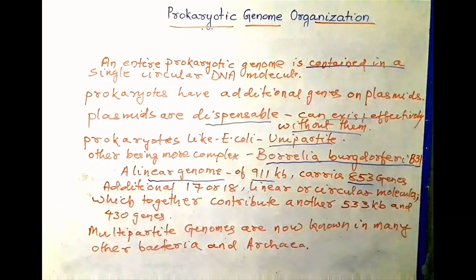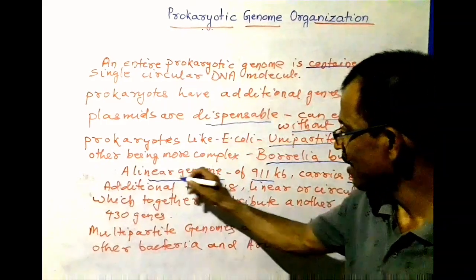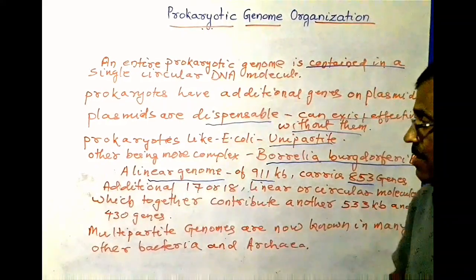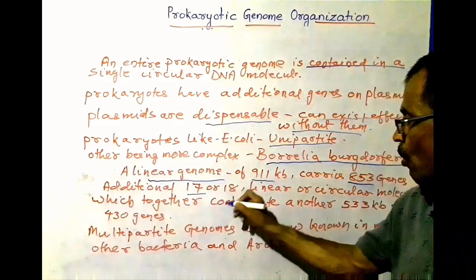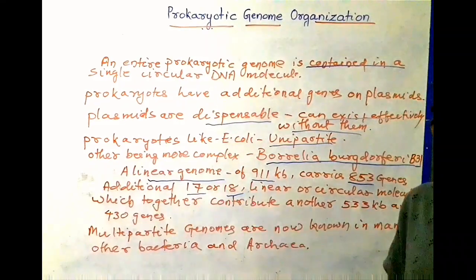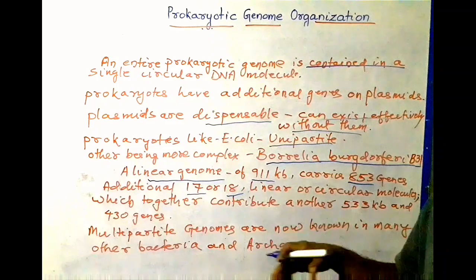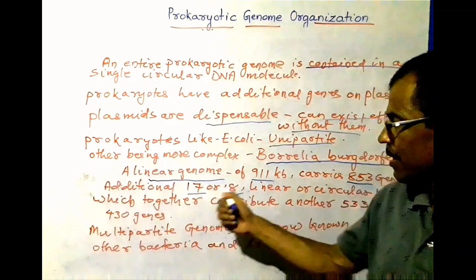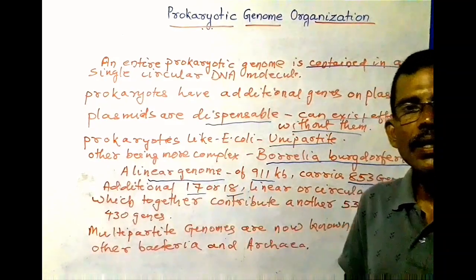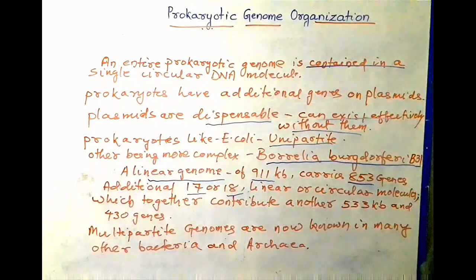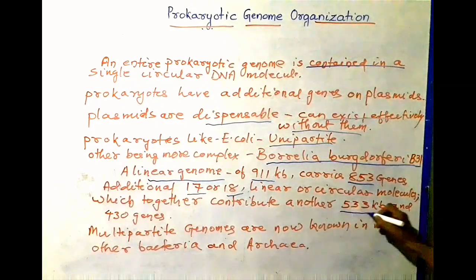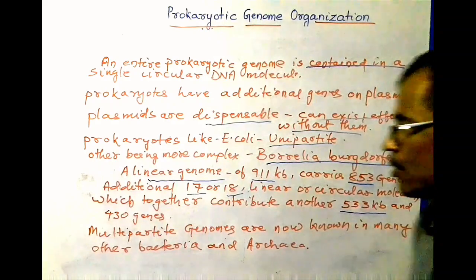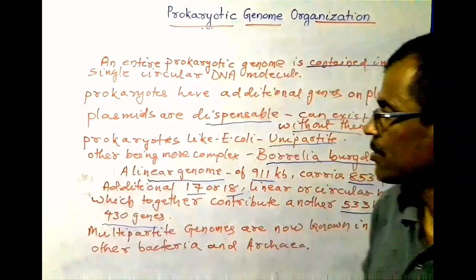In addition to this linear genome, there are additional 17 or 18 linear or circular DNA molecules. These 17 or 18 linear or circular molecules together contribute another 530 kilobase and 430 genes.